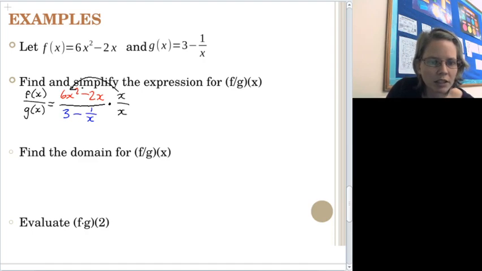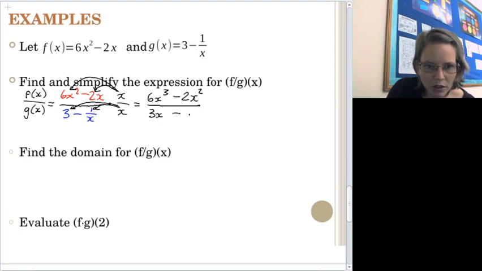So 6x squared times x will give me 6x cubed. My x times minus 2x will give me minus 2x squared. On the bottom, my x times 3 will give me 3x, and my x times 1 over x will give me x over x, or 1.